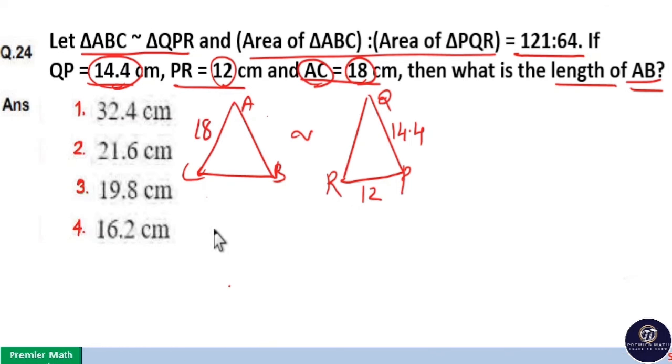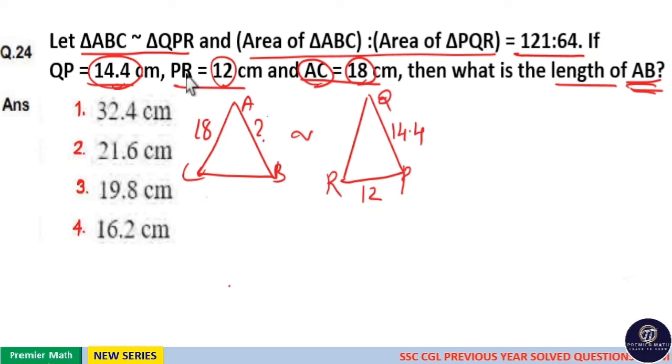Now, these two are similar triangles. Here, we need to find the length of AB. This is length AB and the corresponding length in triangle QPR is 14.4. This is length BC, the corresponding length in QPR is PR. And this is length AC, the corresponding length in this triangle is QR.